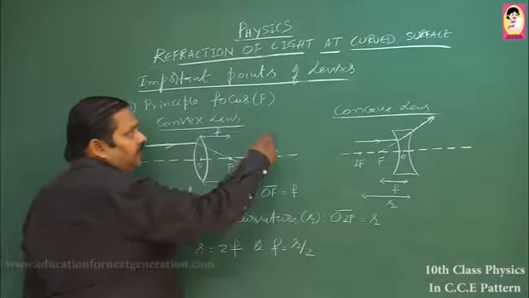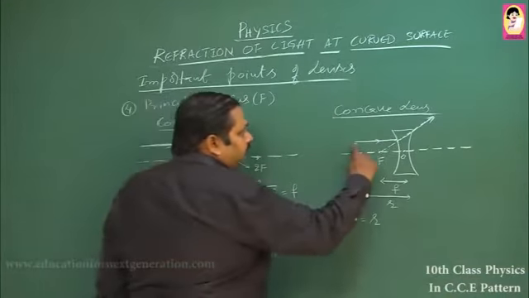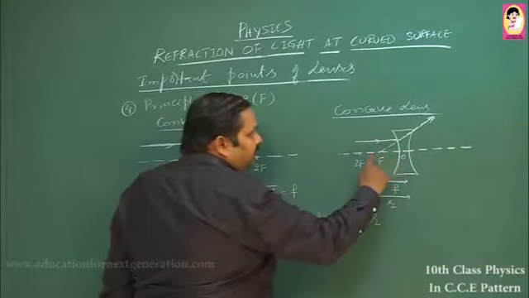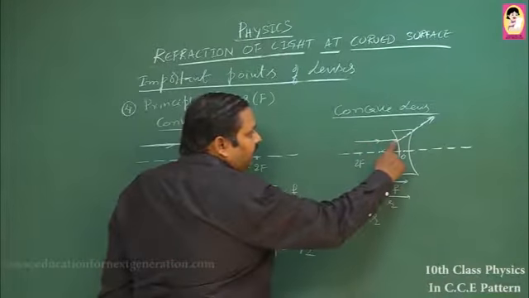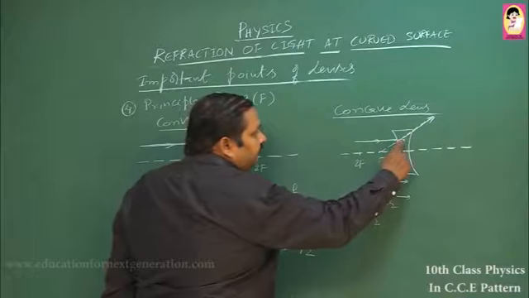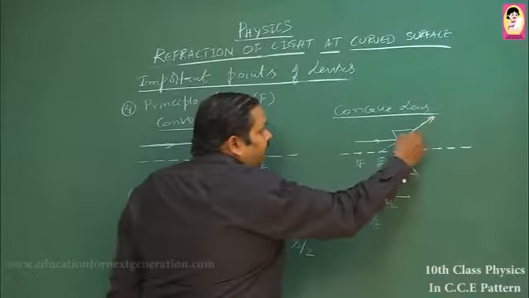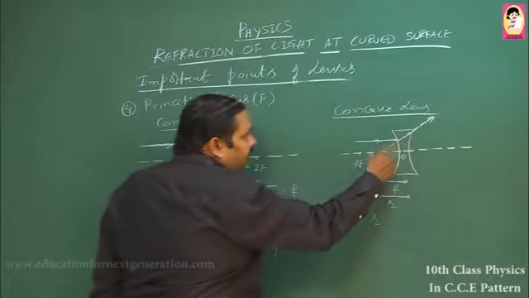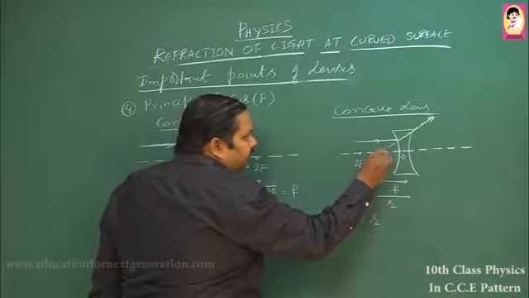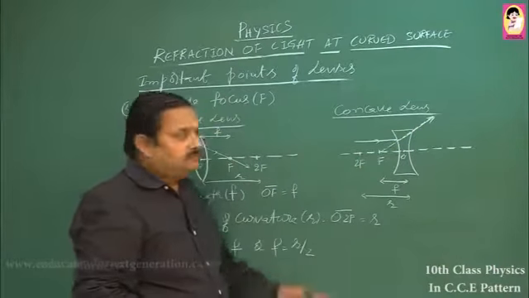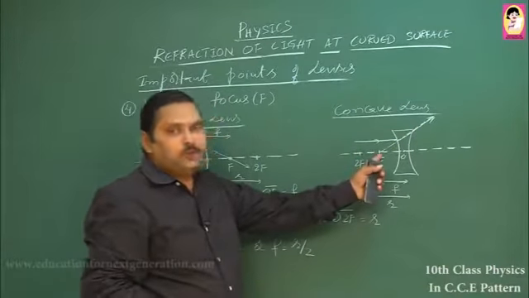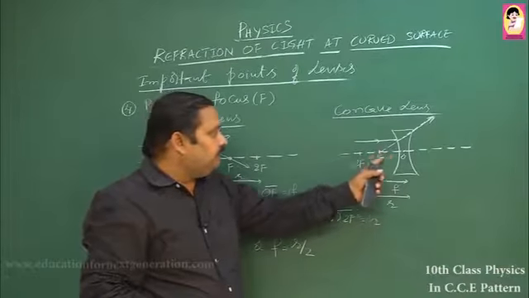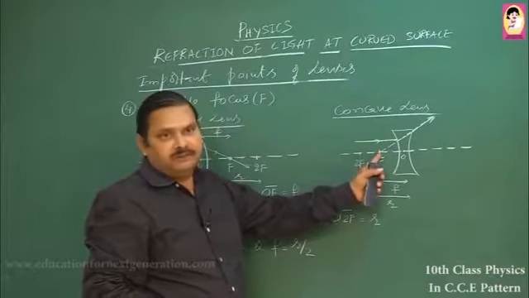Whereas in the case of concave lens, this is the ray of light passing parallel to the principal axis. After passing through the lens, it diverges like this. And if you extend the diverging rays in the backward direction, they apparently diverge from a point F, a fixed point on the principal axis called principal focus.